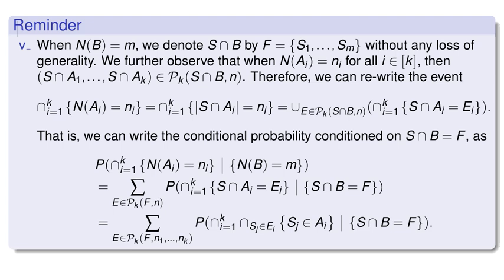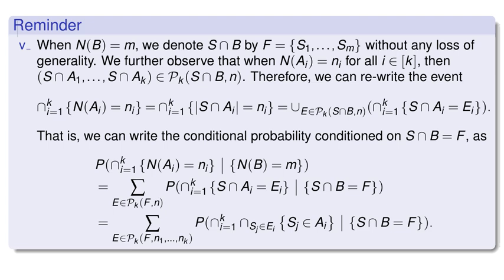Therefore, we can rewrite the event intersection from i equals 1 to k of N of A_i equals n_i, which is the same as intersection from i equals 1 to k of cardinality S intersect A_i equals n_i, as the union over all distinct partitions E in script P_k of S intersect B, n of the event intersection from i equals 1 to k of S intersect A_i equals E_i.